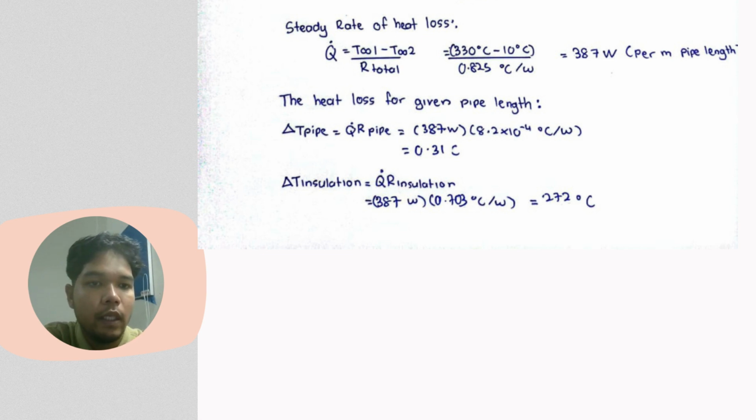Next, we are going to calculate the heat loss for the pipe and insulation. To know the answer, we simply use the rate of heat loss that we just found and multiply by the length of pipe and length of insulation.